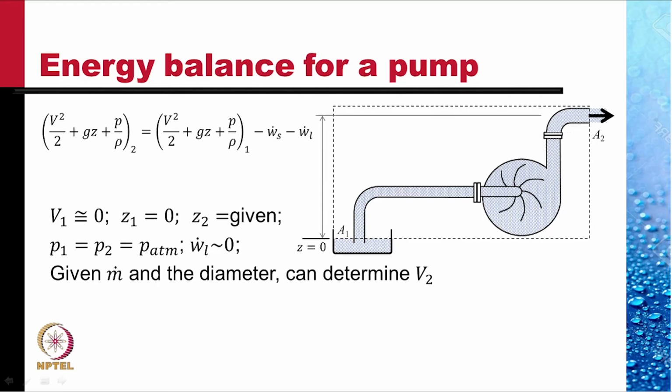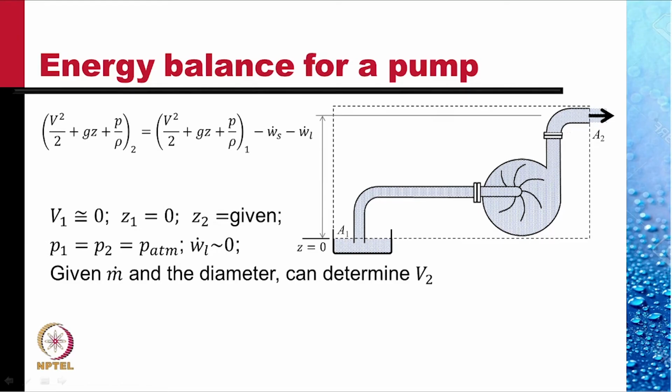Now, we are given m dot, the mass flow rate through the pump, and know the diameter of the system. We can determine V2, the velocity through the pipe. Let's assume the whole pipe has the same diameter.